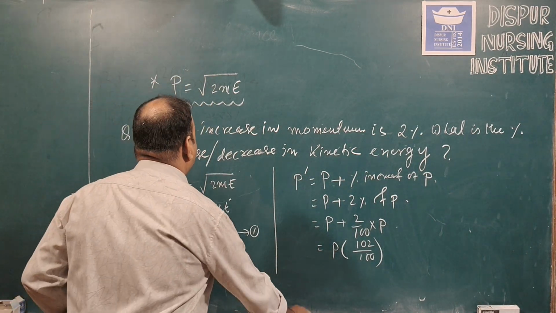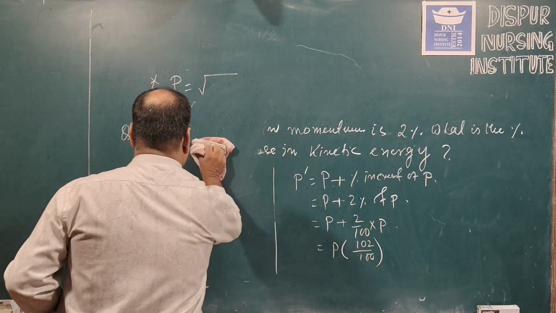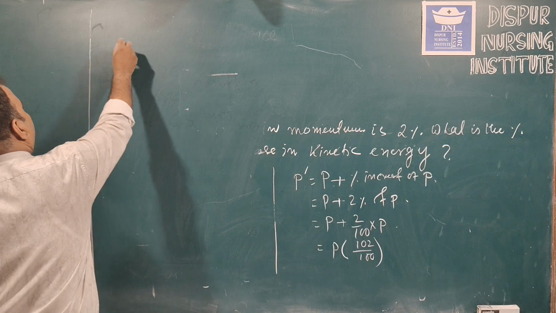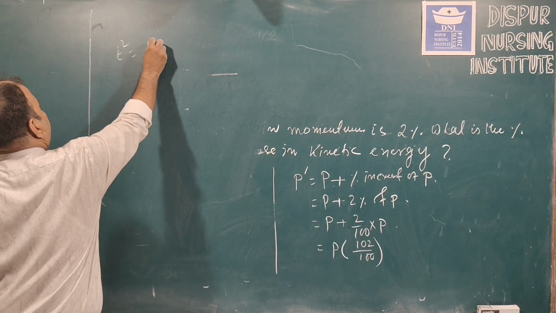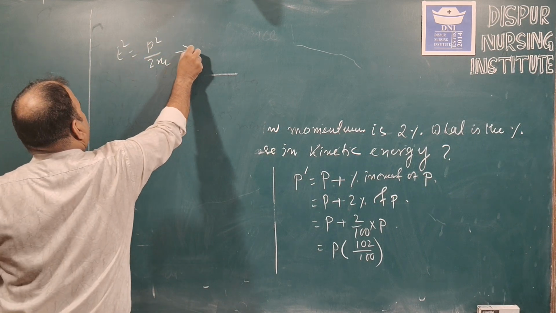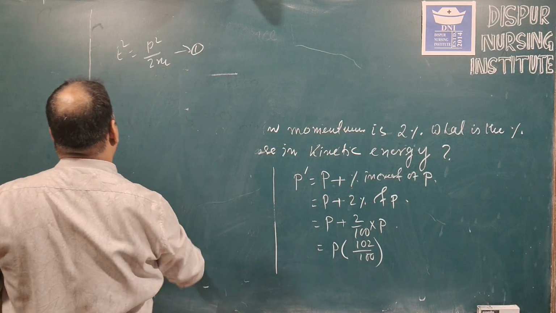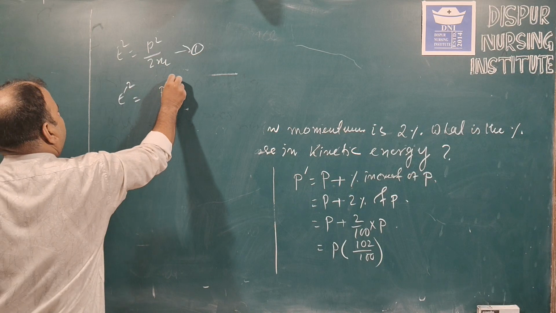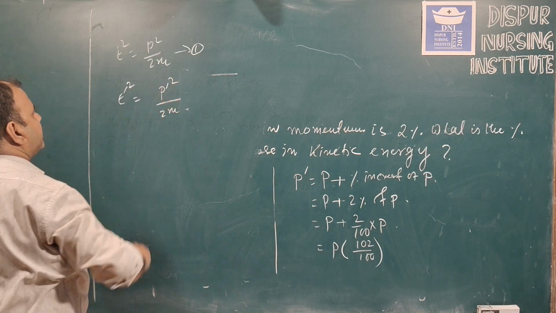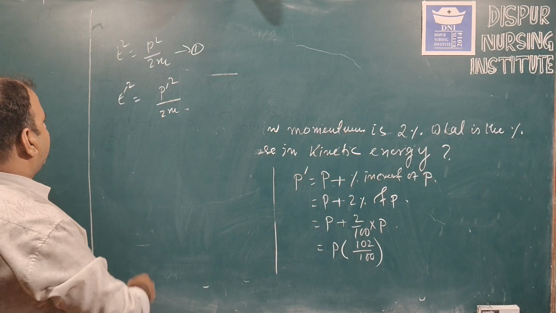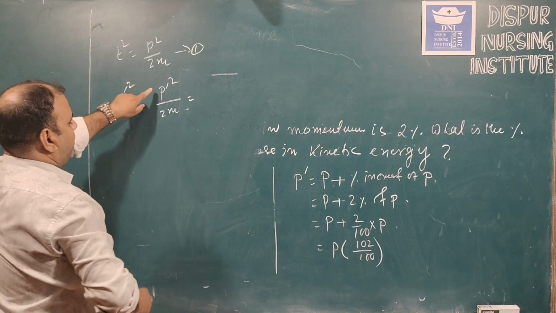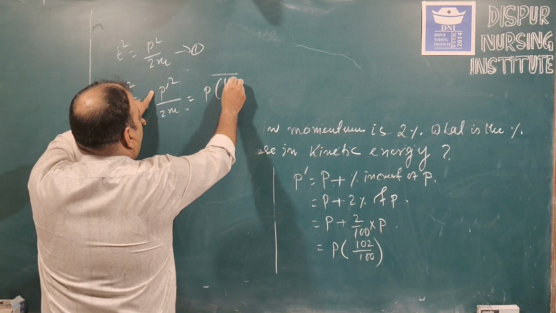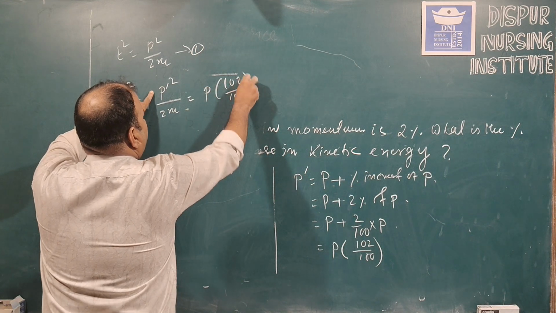Now you can see, equation number 1 we already know: E is equal to P square by twice M. From this, when there is a percentage increase, E dash is equal to P dash whole square divided by twice M. So the value of P dash is given here: P times 102 divided by 100.